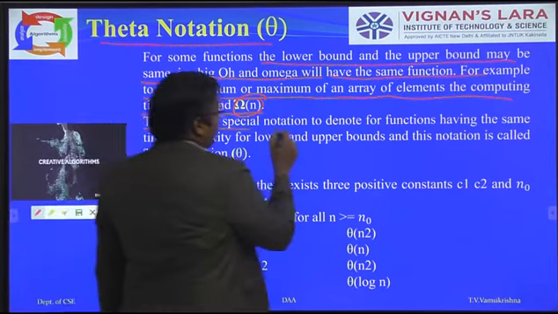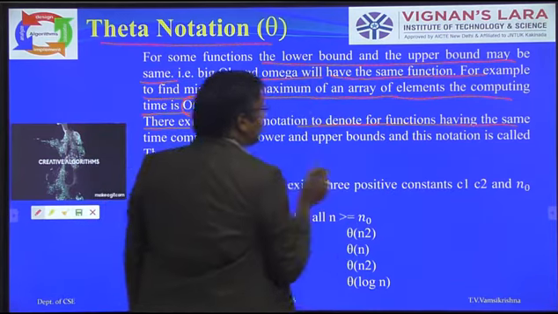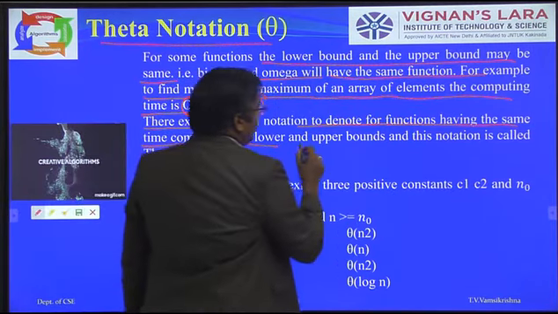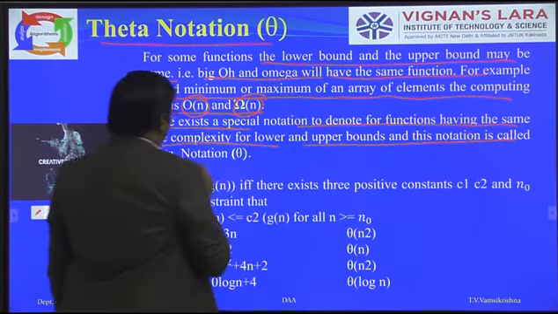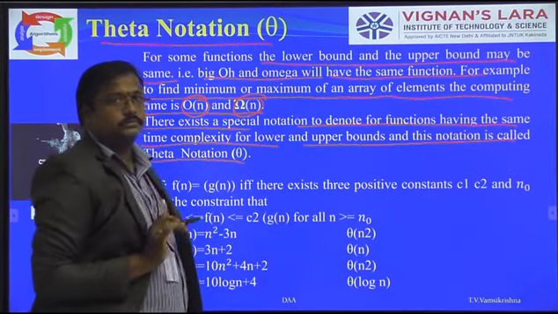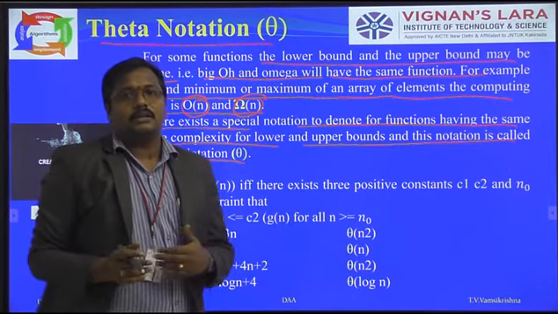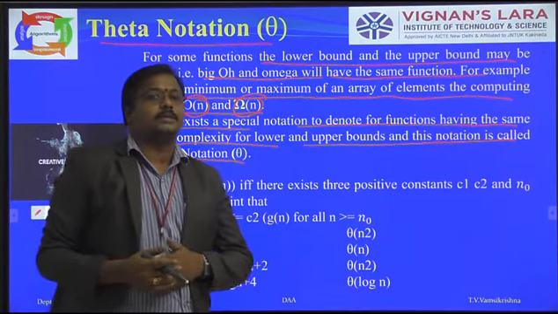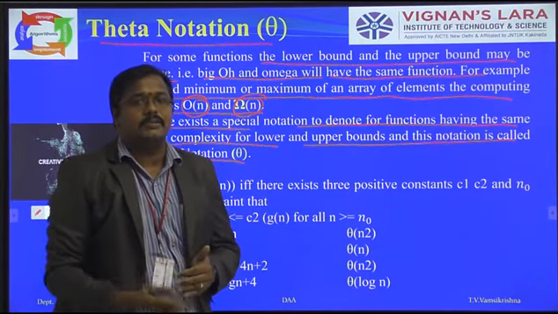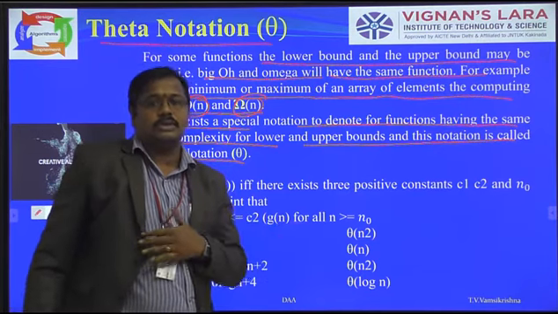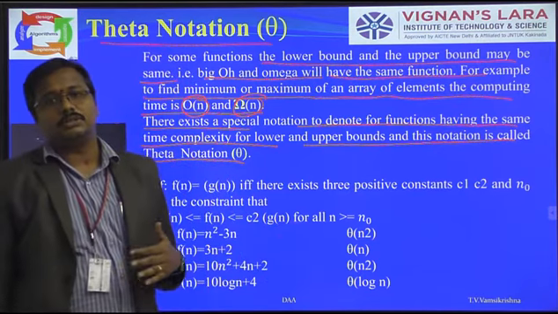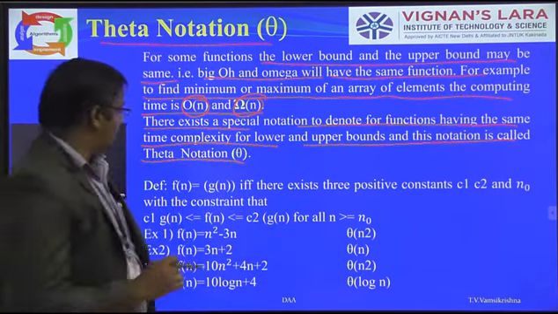So there exists a special notation to denote functions having the same time complexity for lower bound and upper bound. That notation is called theta notation. Where the functions exhibit the same kind of time complexity with reference to lower bound and upper bound, theta comes into the picture to represent the average time complexity.